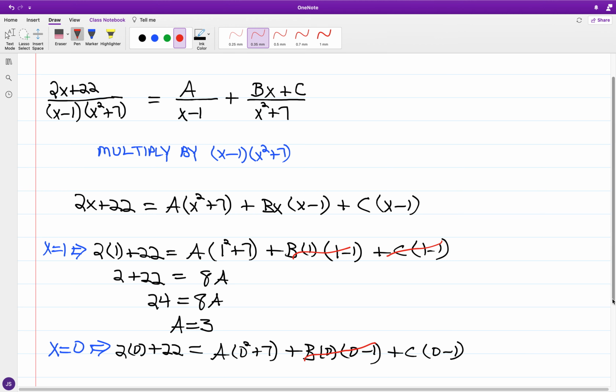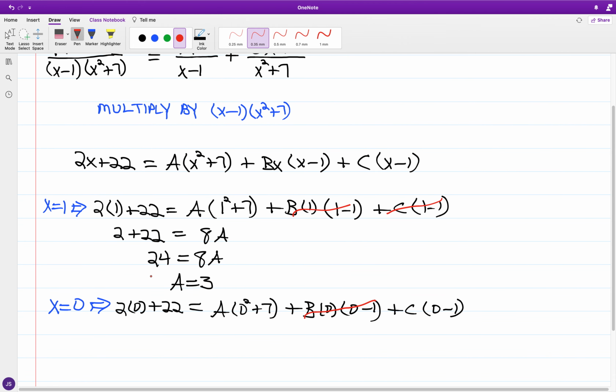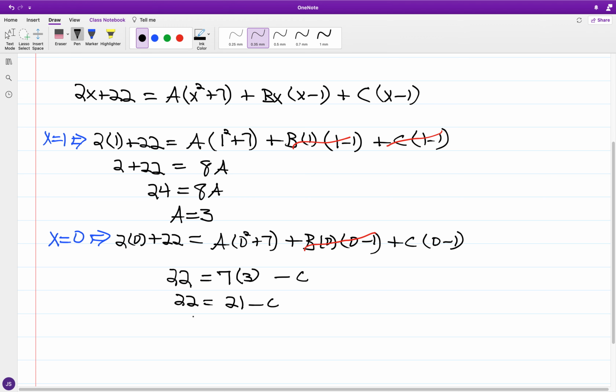Again, the b term is going to go out. And we have 2 times 0, 0 plus 22 is 22. You have a times 7, and we have a at 3. So we have 7 times 3, or 3 times 7. And we have minus c. So we have that 22 is equal to 21 minus c. And upon taking 21 away from both sides, we have that 1 is equal to negative c. And changing the signs at both ends, we're going to have that c is equal to negative 1.